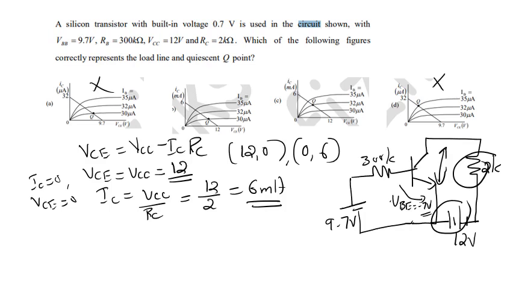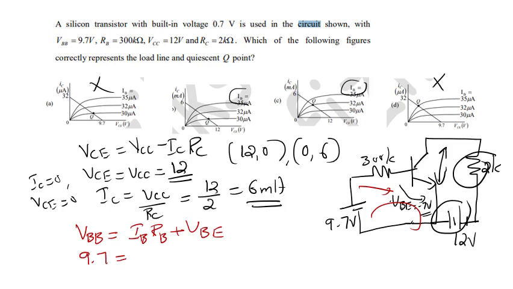To find the Q point, what do we need? We need to find the operating IB. Here 2 IB and 3 IB are given, and we have to find which IB is correct. For that we need to take the input loop. So we will take this input loop. VBB is equal to the voltage across this resistance, that is IB into RB, plus VBE. So 9.7 equal to IB into 300K plus 0.7.